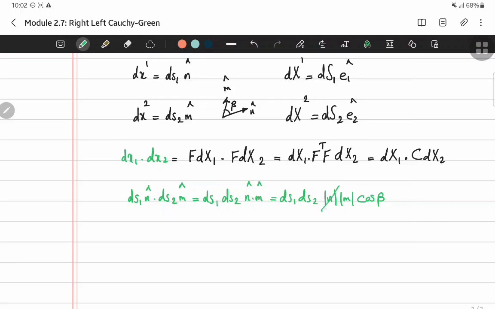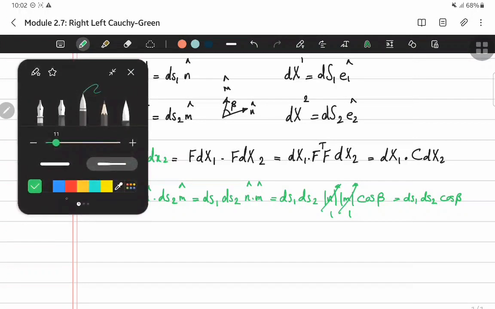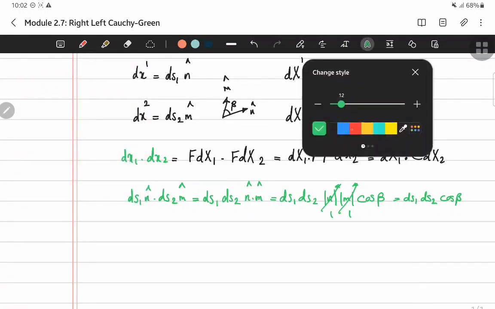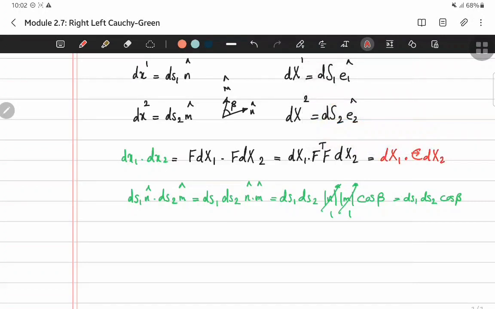These are unit vectors, right? So this is 1, this is also 1. So we get ds1, ds2 cosine beta. And remember, here they are small s.